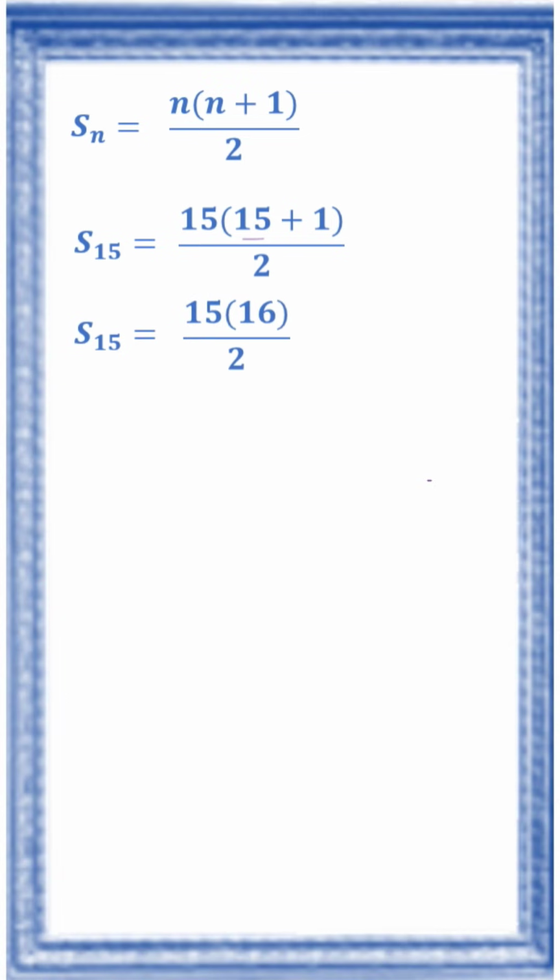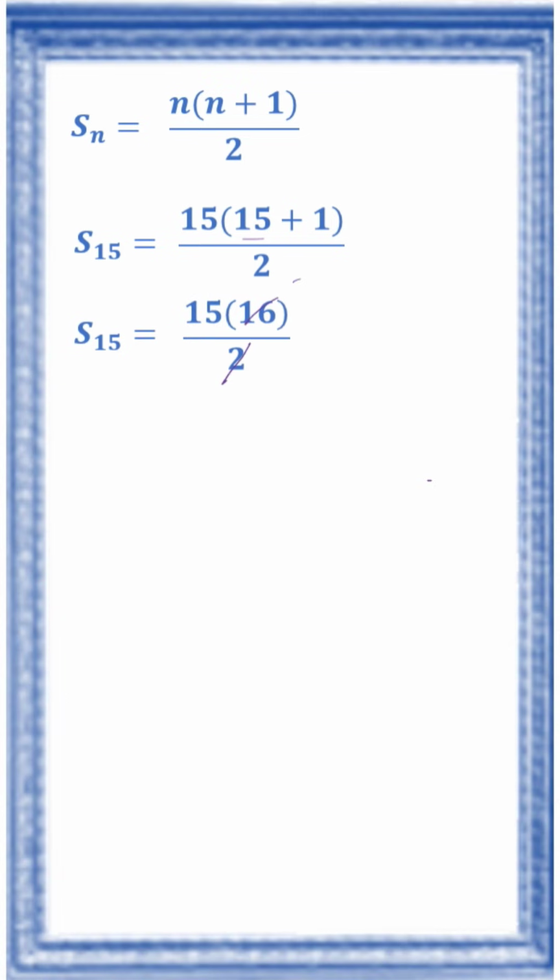We know that the sum of n terms of this AP is n into n plus 1 by 2. So S15, n is equal to 15, 15 plus 1 by 2. So S15 is equal to 15 into 16 by 2.